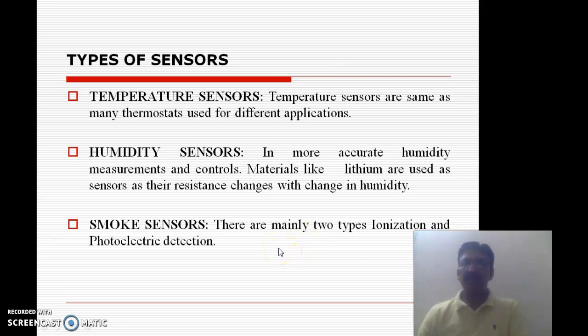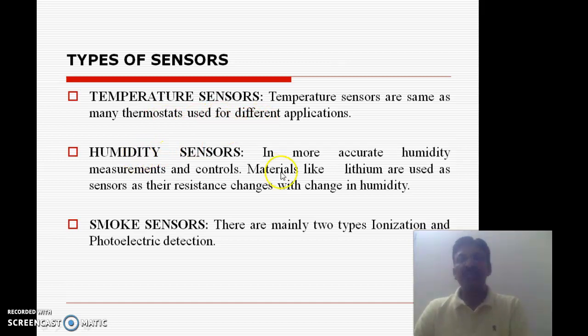In air conditioning equipment or air handling equipment, we also use different types of sensors: temperature sensors, humidity sensors, and smoke sensors. Temperature sensors are the same as thermostats used for different applications.